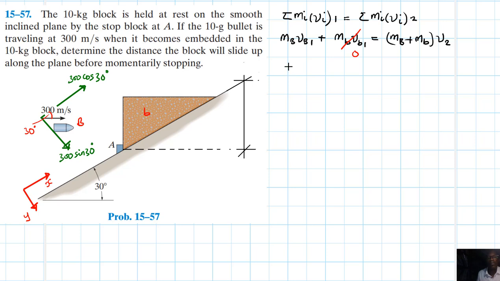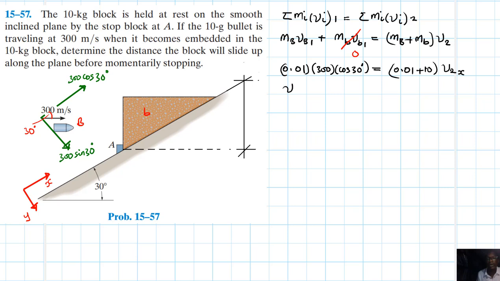What do we have? We are interested in m_b. This is how many grams? 0.01 kg times v_b, and again we're interested in the one along the x-axis, equals to we are adding 0.01 plus 10 times v_2 along the x-axis.